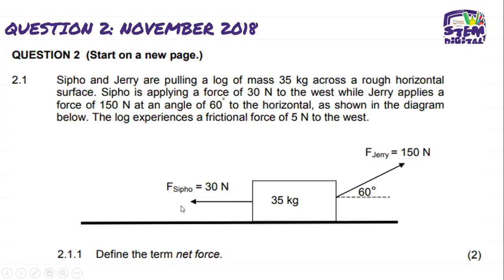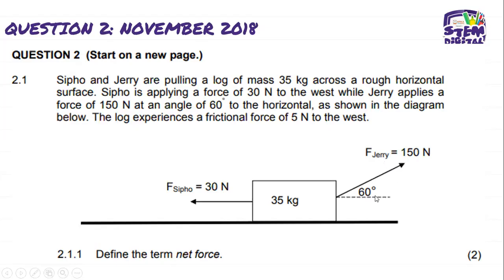Then you look at Jerry's force, and the question is, is it acting vertically or horizontally? It has components: one component is acting vertically upwards and one component is acting horizontally in the easterly direction.